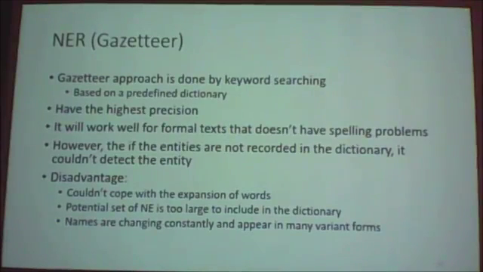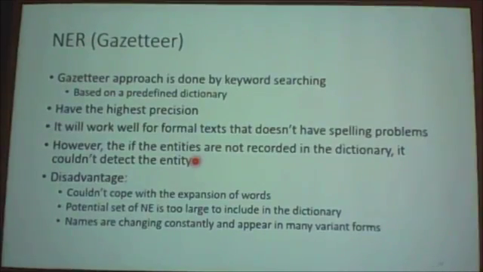Well, it is undoubtedly the most straightforward method among them, and it has the highest precision and accuracy. So what is the problem? It will work well for formal text that doesn't have a lot of spelling problems. However, for entities that are not recorded in the dictionary, it fails to detect them.